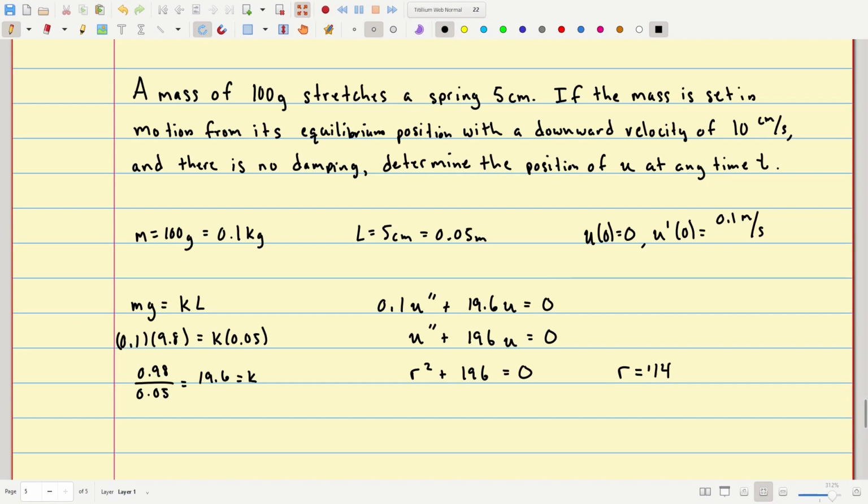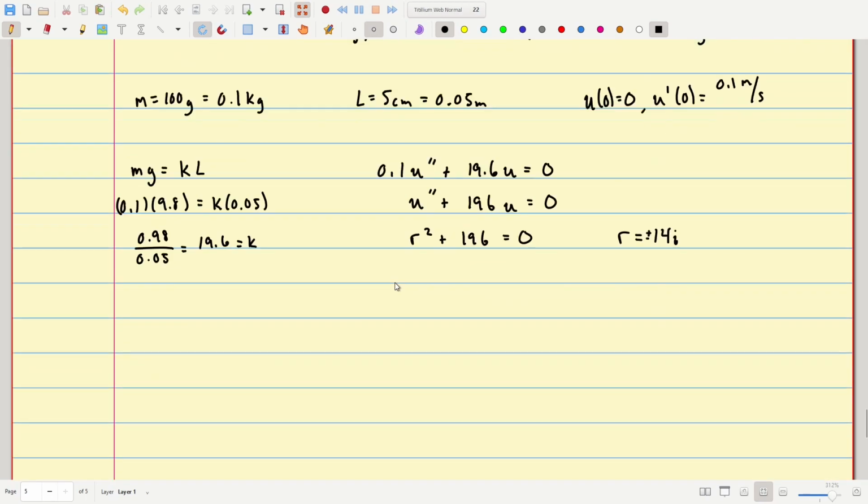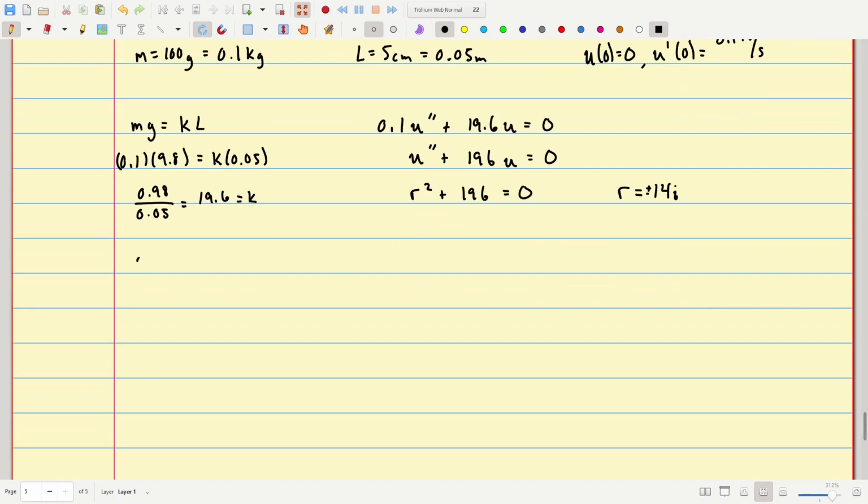All right, so plus or minus, it's going to be imaginary. So we're going to have oscillatory motion here. What this allows us to do now is to write out our general solution. U of t is equal to C1 cosine 14t plus C2 sine 14t.